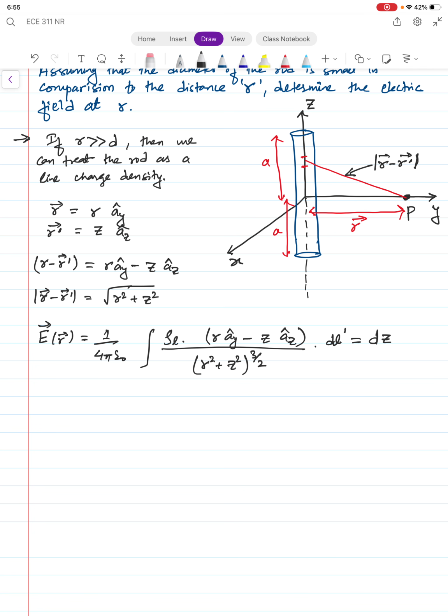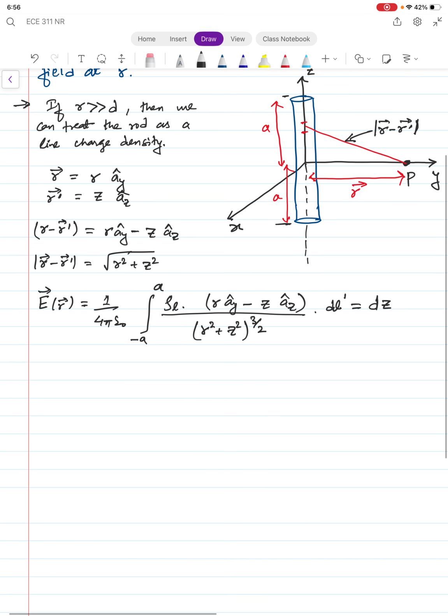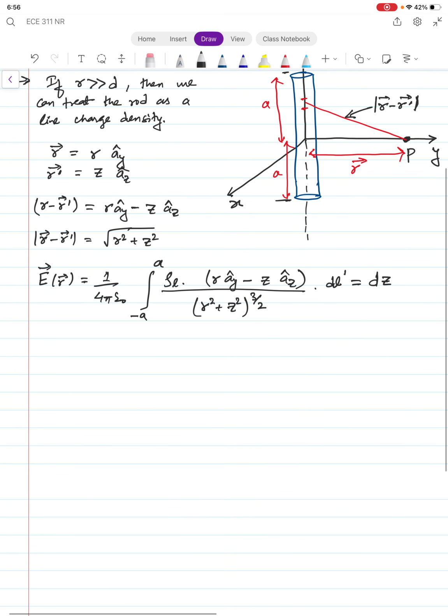Our differential element is along y, so we have to integrate in the direction of y, where our lower limit, this point, is at negative a, and that point over there is at y equals positive a. Okay, we'll use this and compute the integral.